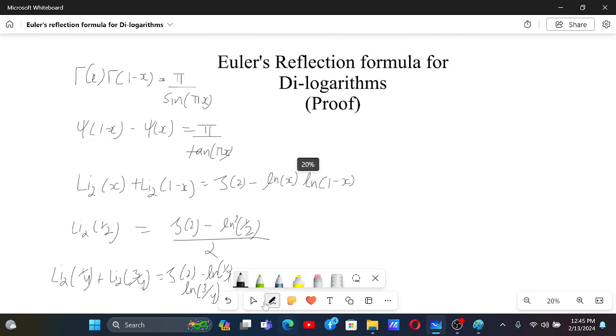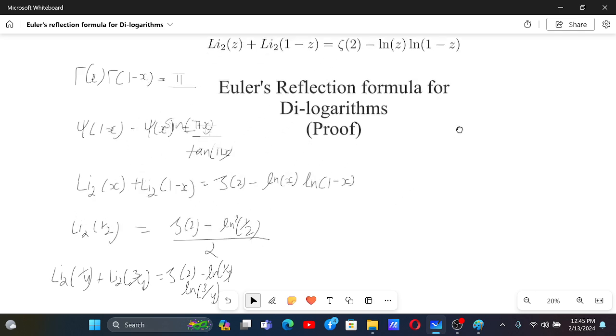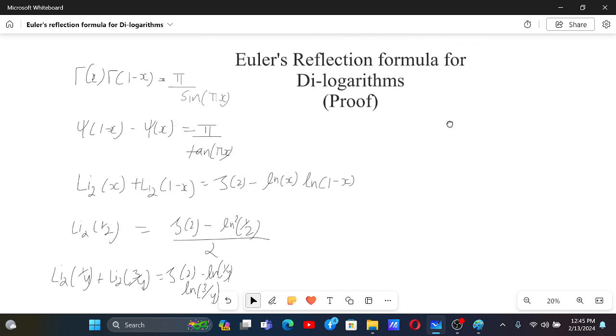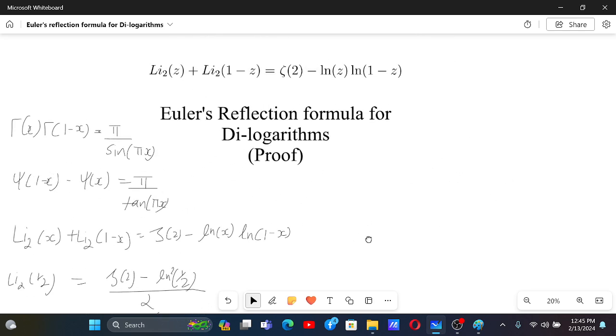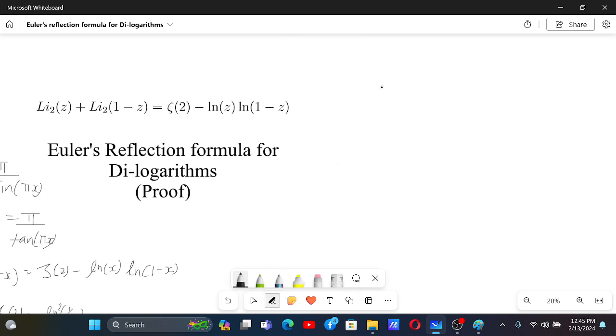Now let's go to the proof. If you don't know about dilogarithms, I will give a brief introduction, and I think that will be enough for the video. The polylogarithm function is defined as the sum from n = 1 to infinity of z^n by n^s. Now if s is 2, this is the sum from n = 1 to infinity of z^n by n².